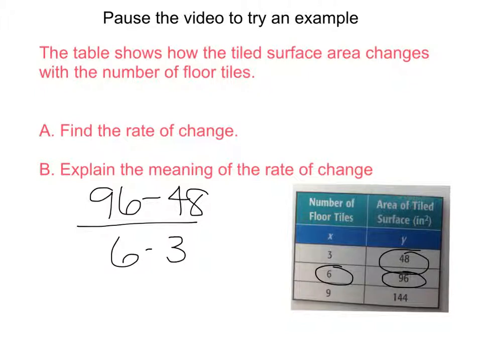So you first want to find your change in y, which is 96 minus 48, which gives you 48. And then 6 minus 3 is 3, so that is 16. So that means for every one tile, the area is increasing by 16.